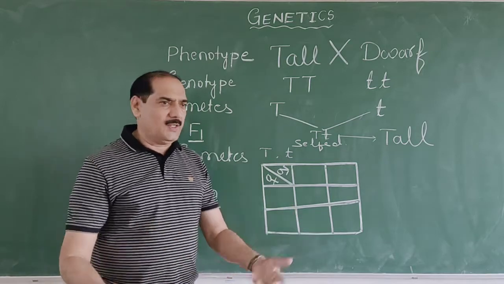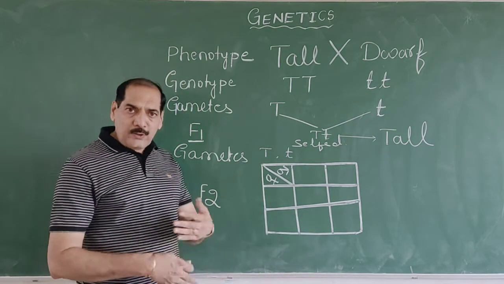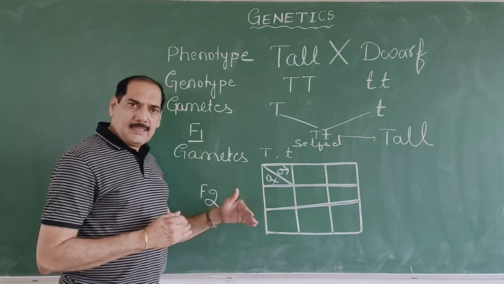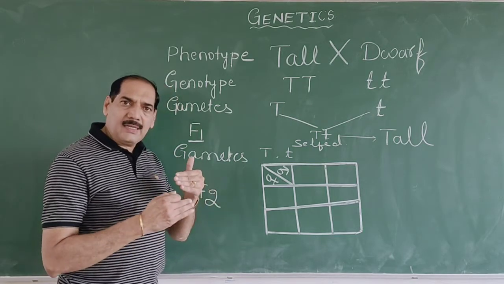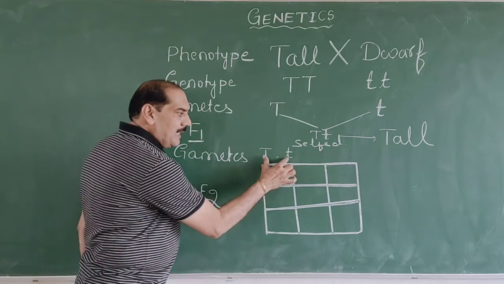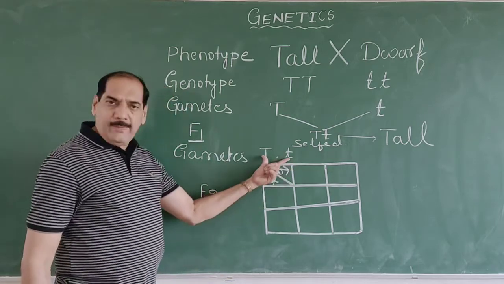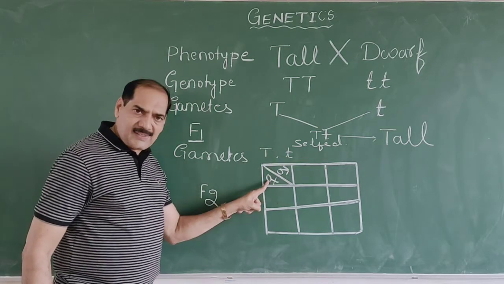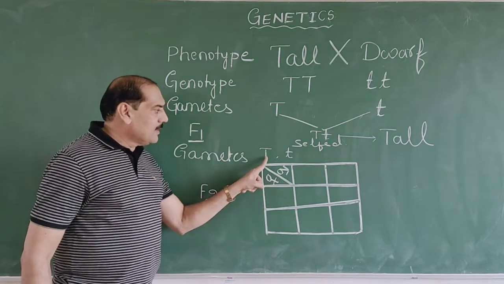Randomly, they selfed. That fusion we may show in this table that is called checkerboard. Two types of male gametes, two types of female gametes. This is the symbol of male, this is the symbol of female.